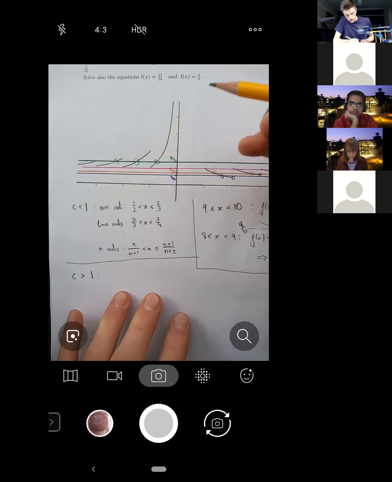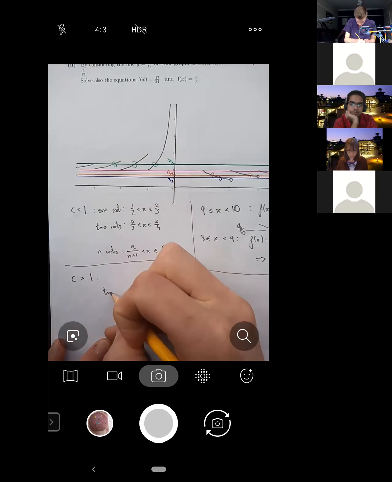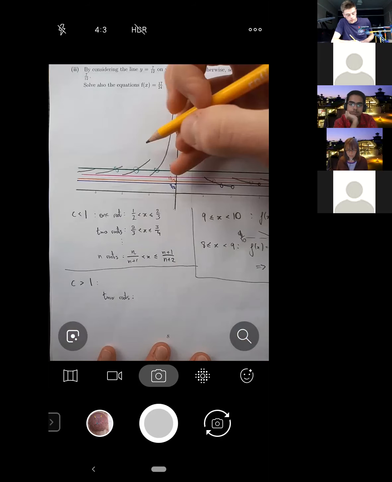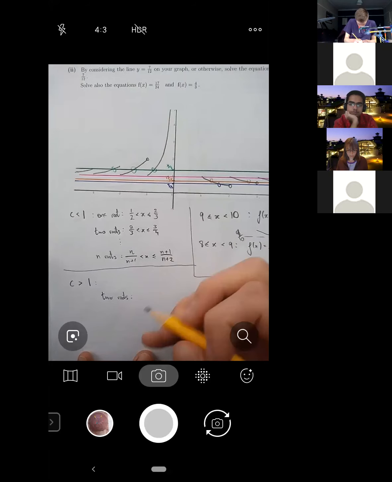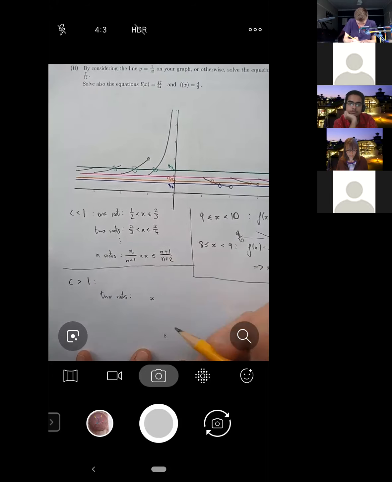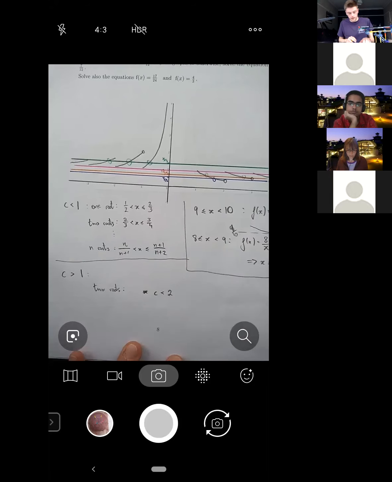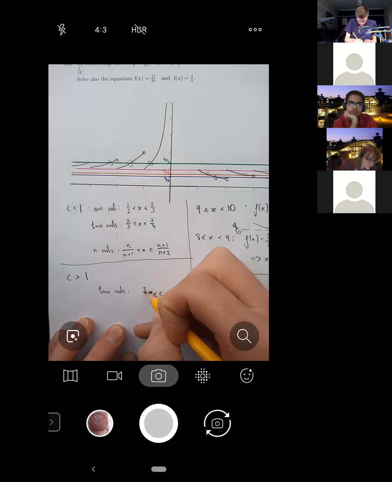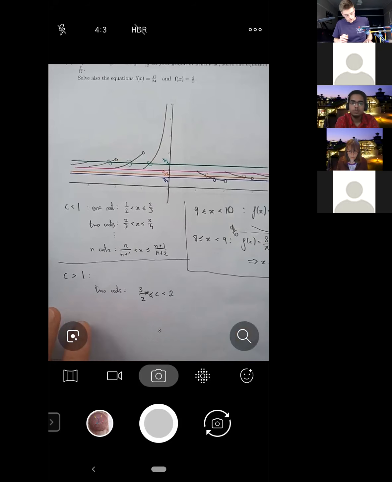So if we're looking to get 2 roots, for example, remember we're not taking this value, so we need, oh, sorry, stupid, we need c to be less than 2. We can't have it equal to 2 because then we've only got 1 root. And here the value is 3 over 2, so it's got to be greater than or equal to 3 over 2.